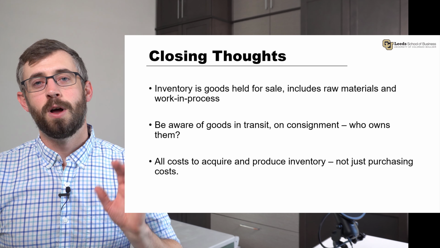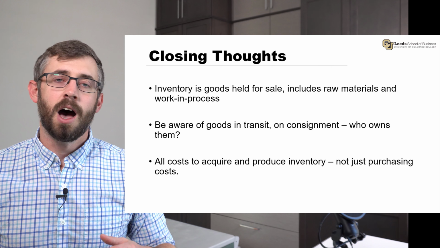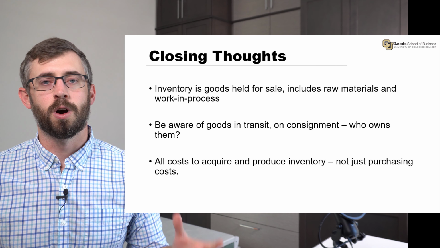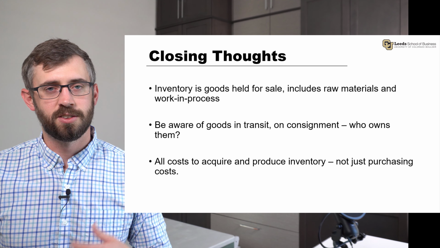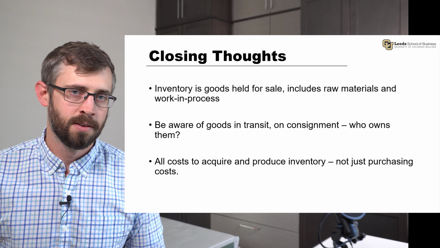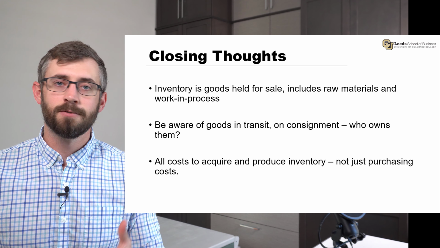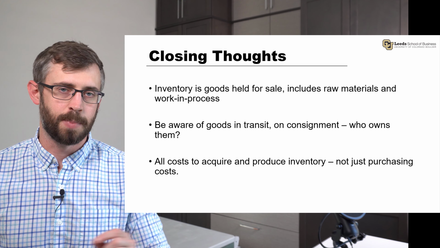And finally, when we're manufacturing inventory, or even when we're buying it on the retail side, we include all the costs to acquire and produce that inventory. And so we need to think about, was this cost related to the production of inventory, in which case it gets capitalized? Or was this cost not related to production, in which case we expense it as incurred?